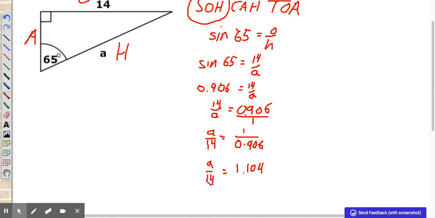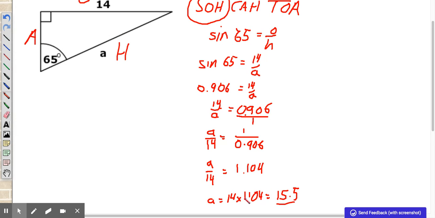And now I've got my answer because A divided by 14, I can just multiply by 14. A equals 14 times 1.104, which, put that into your calculator, 15.45. So 15.5.